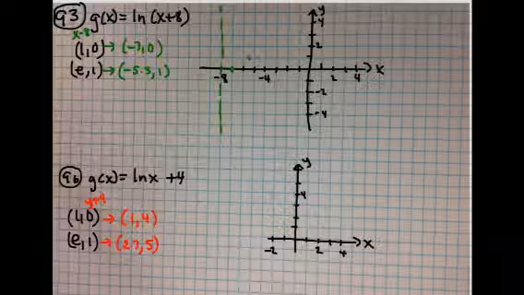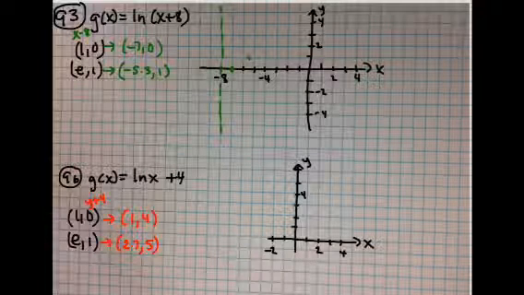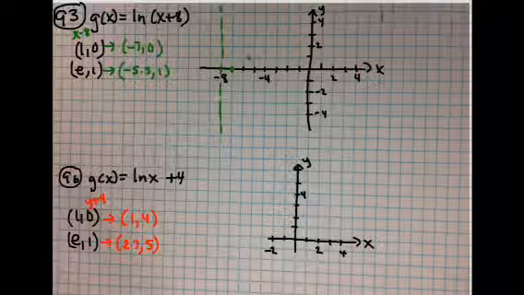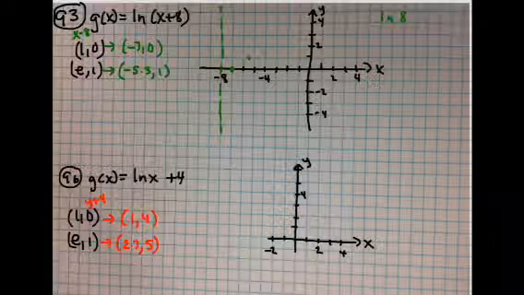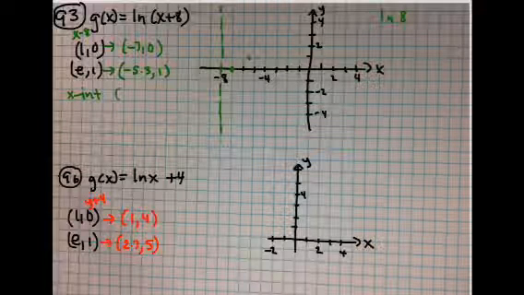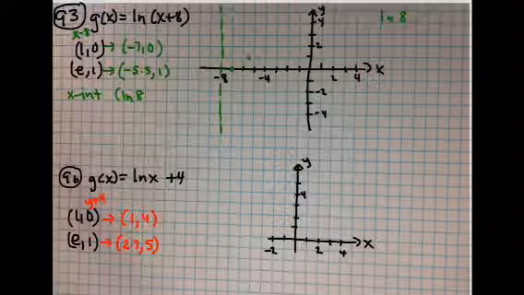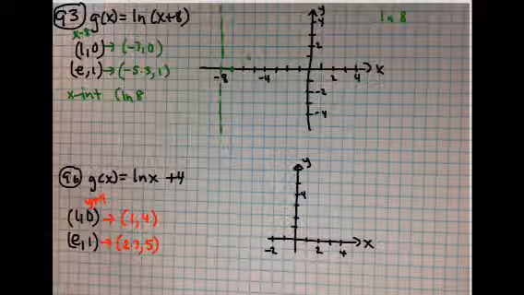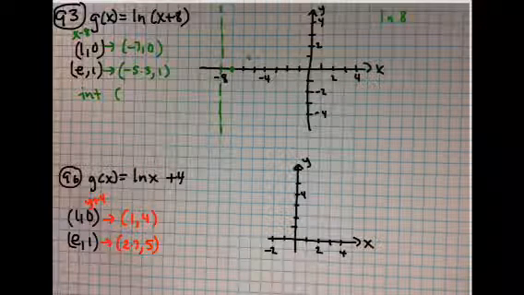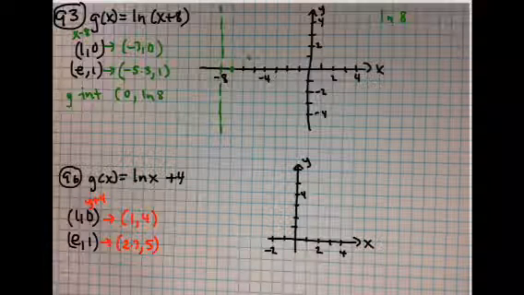Now if you want to see where it crosses the y-axis, the y-intercept, you would make x equal to 0, so that would give you, and I'll put it here on the side, natural log of 8. I'm sorry, I'm going backwards. It's the y-intercept. The y-intercept is 0, natural log of 8.